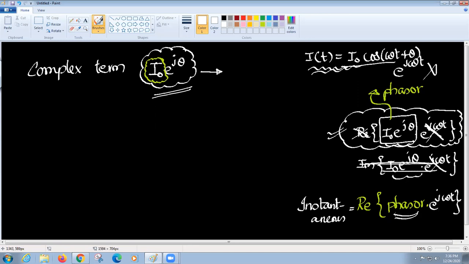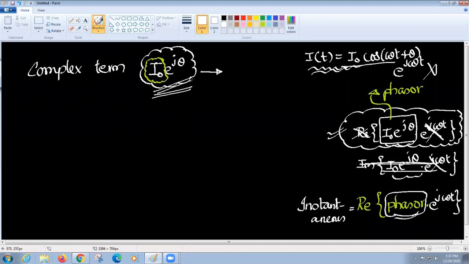So now, in this case, the phasor is the complex quantity. If someone asks you to find the phasor form of some given quantity, then just drop this real part and e power j omega t, and that's the phasor of that quantity given to you. That is very important to understand.